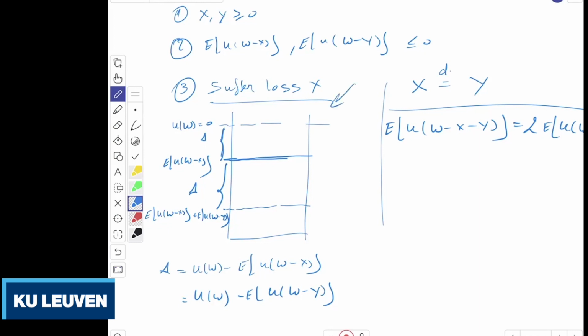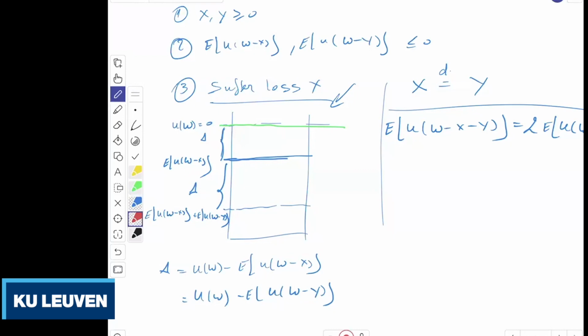That's on this figure here on the left. I can also say, let's take this level here, and now I'm adding X and Y at the same time. So I'm being exposed to X and Y at the same time. So my utility is now the expectation of U(W minus X minus Y). I'm adding them at the same time to my wealth.